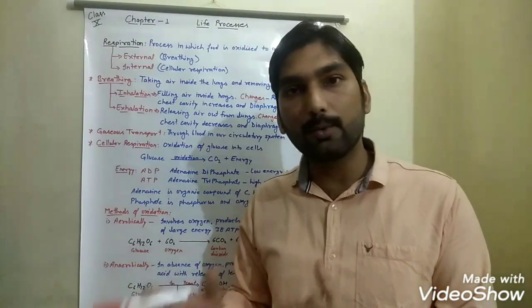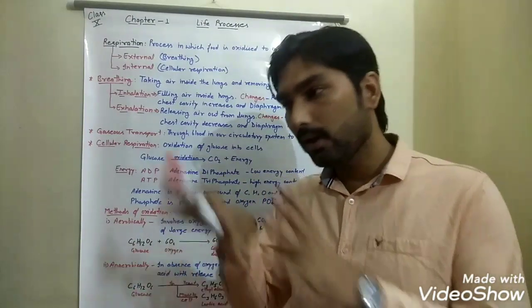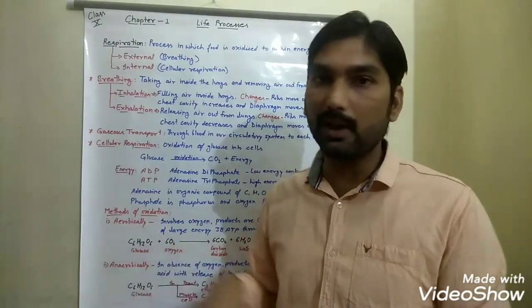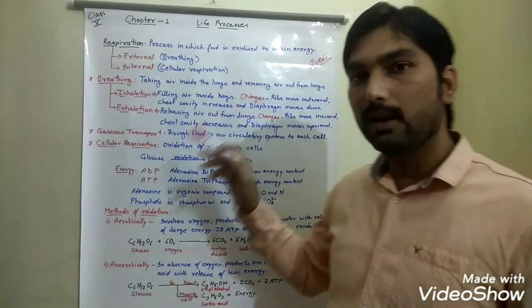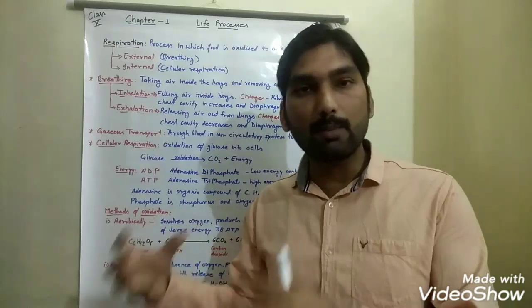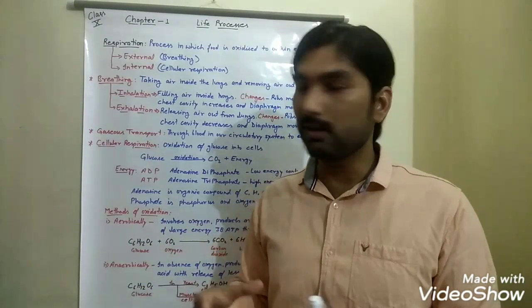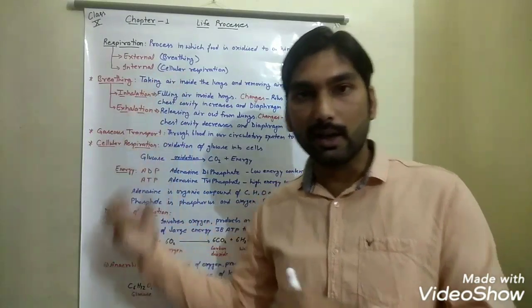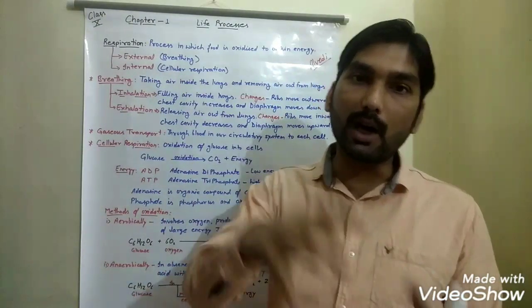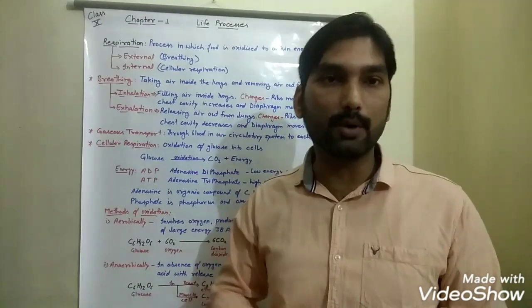So by the simple diffusion process, the oxygen from the inhaled air diffuses into the blood capillaries in the alveoli, and meanwhile from the blood capillaries, carbon dioxide gas, which is formed inside our body during the respiration process, diffuses out into the alveoli with the same diffusion process.